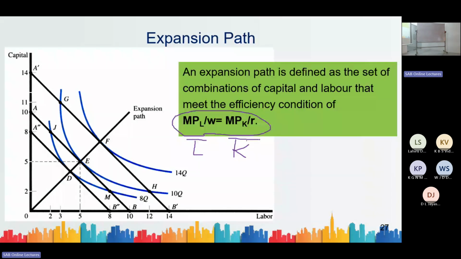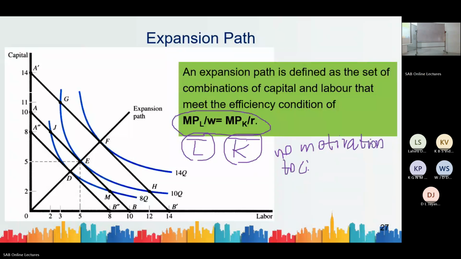The firm will use the same amount of labor and same amount of capital. There is no motivation to change them, because both labor and capital are equally beneficial.